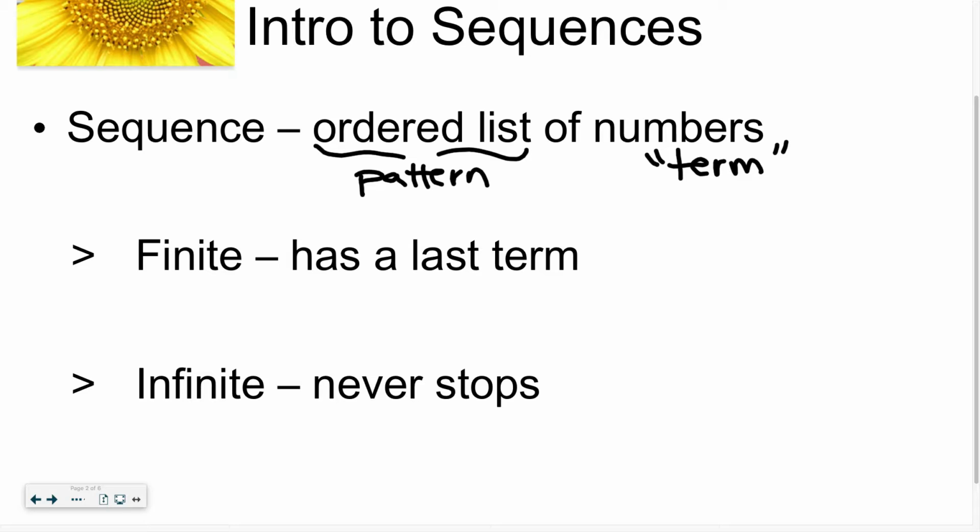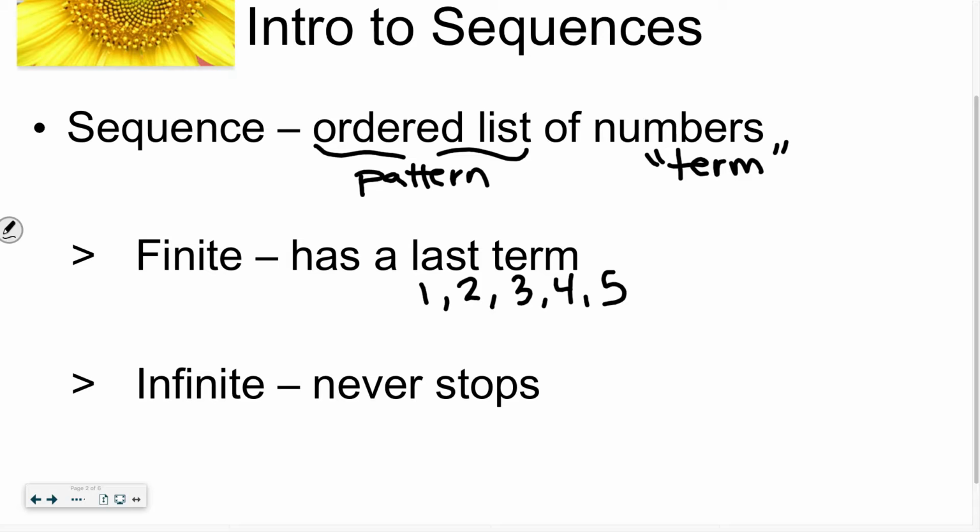So I'll put up a finite sequence. I'm going to make it a really easy sequence to write down. How about 1, 2, 3, 4, 5? That's a sequence, and it has a last term. 5 is the last term.